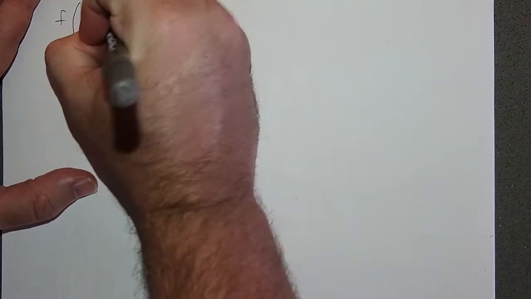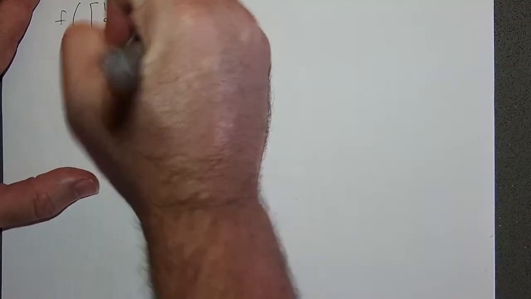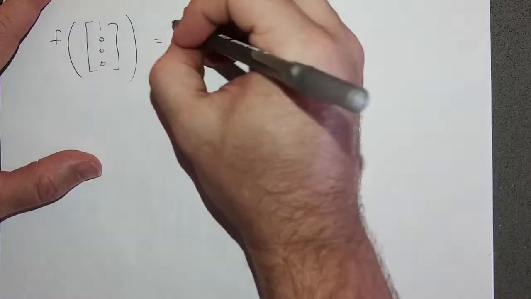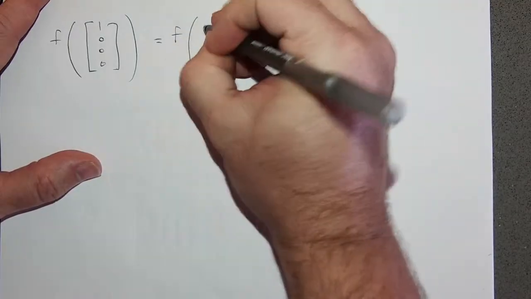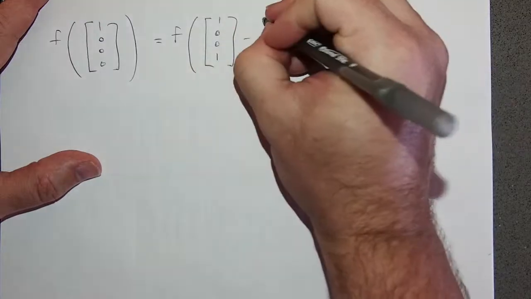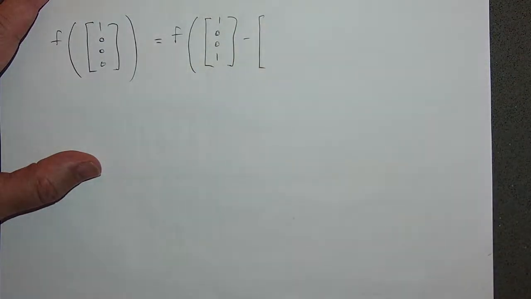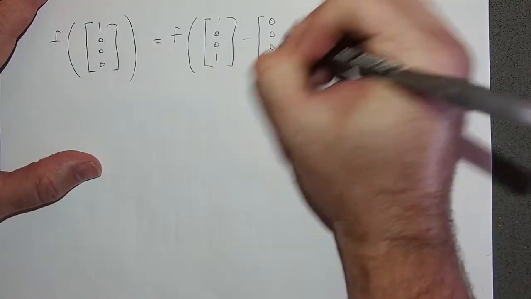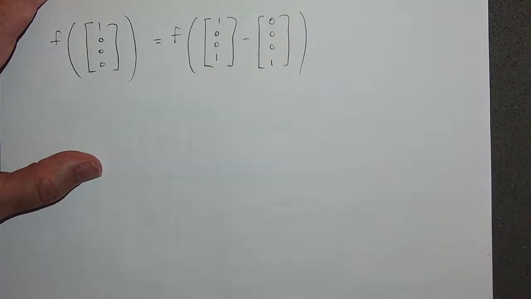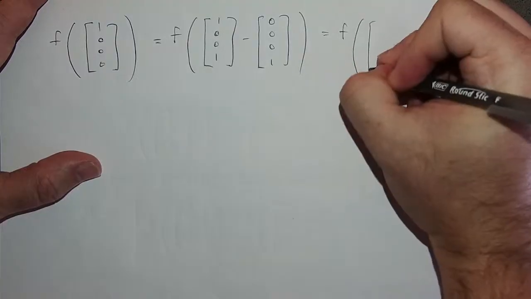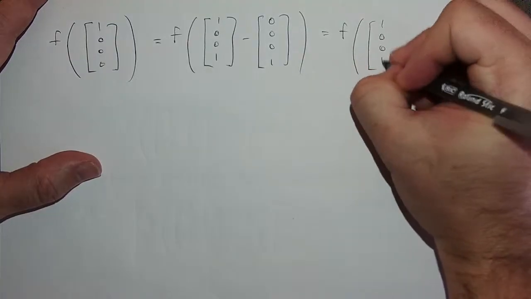Right? This is a typical thing that we did in these examples, right? Okay, so what about this thing? Well, using linearity, this is f of a thing I know, 1, 0, 0, 1, minus this other thing, 0, 0, 0, 1, which I also know how to find. I won't rewrite this again because we've done this enough at this point.